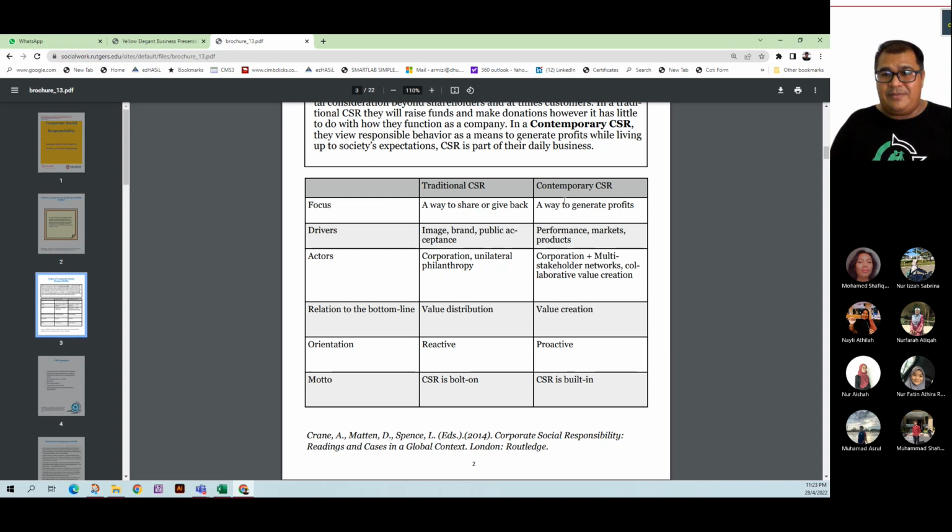Dia cari sponsorship banyak-banyak, and then dia buat jualan amal, duit daripada collection tu dia akan distribute, at the same time dia dapat duit daripada orang di belakang dia yang support dia tu, and then dia boleh bagi income sedikit kepada dia punya persatuan yang dia wakili ke, company yang dia join ke. Maksudnya company tu ada income sedikit daripada CSR tu, mungkin daripada jualan tu sedikit dia ambil portion daripada situ, ataupun itulah dia dapat sumbangan daripada orang-orang luar.